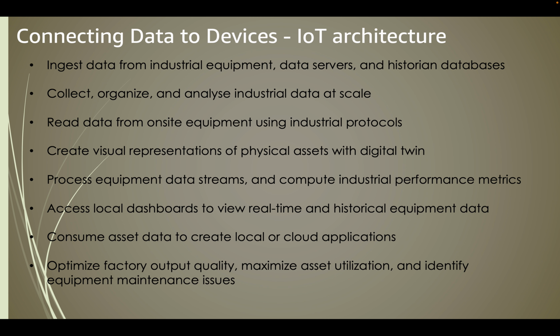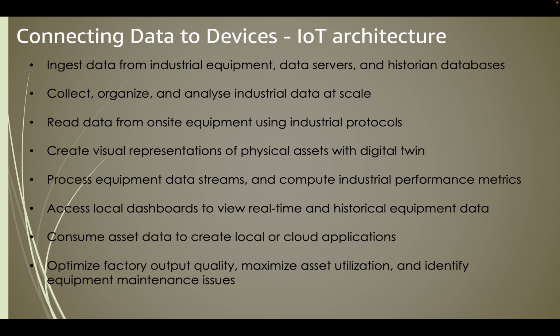So there is a need to take this humongous amount of data in real time, and then also visualize that data, get the insight, and take action on the basis of that. It is helping to increase the factory output, maximize the asset utilization, and identify equipment maintenance issues.